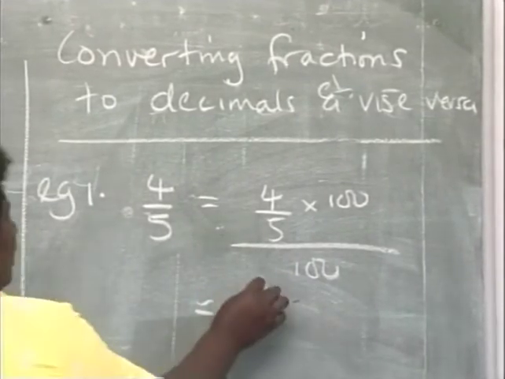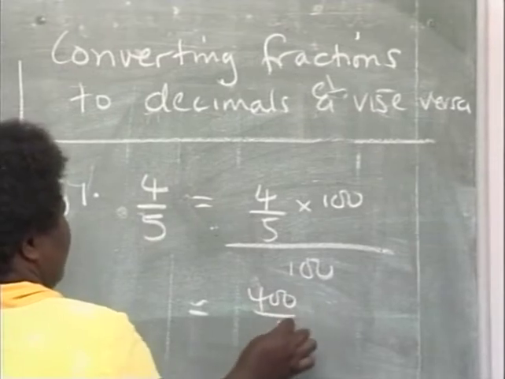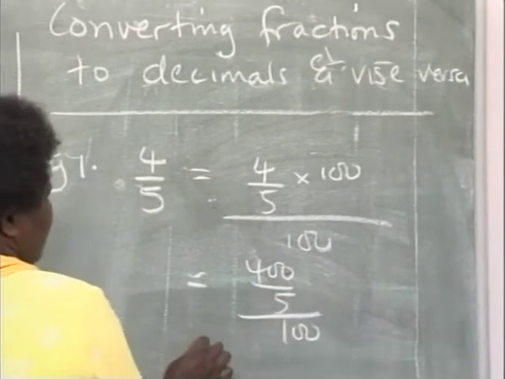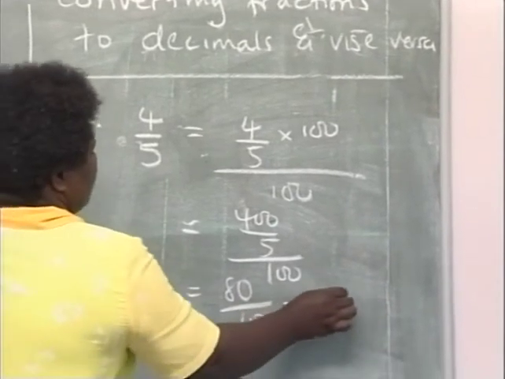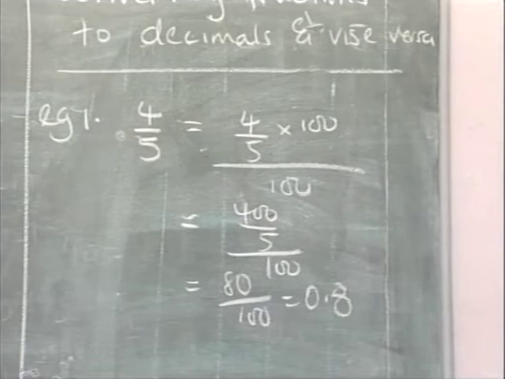Okay, so 400 divided by 5 and then divided by 100 again. So that's 80 divided by 100 will give me 0.8. Okay, is that correct?